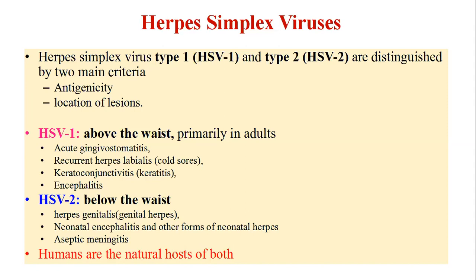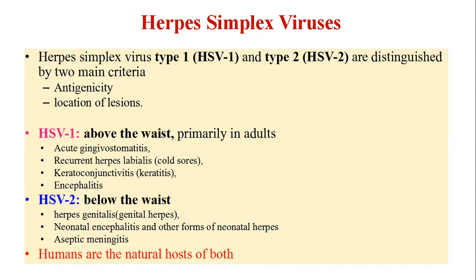In what location do they actually infect? On that basis, herpes simplex virus can be classed into two different types. The first class, HSV1, creates lesions or infection primarily in adults, and the lesions are above the waist.